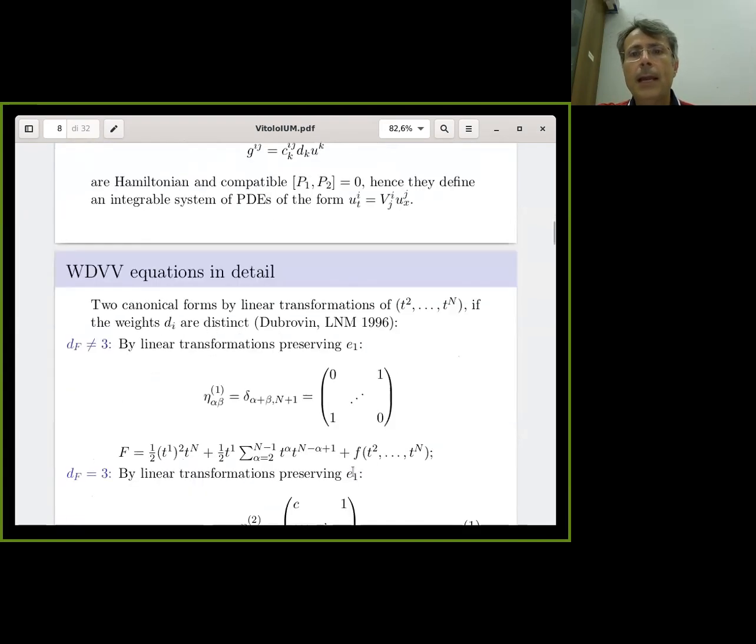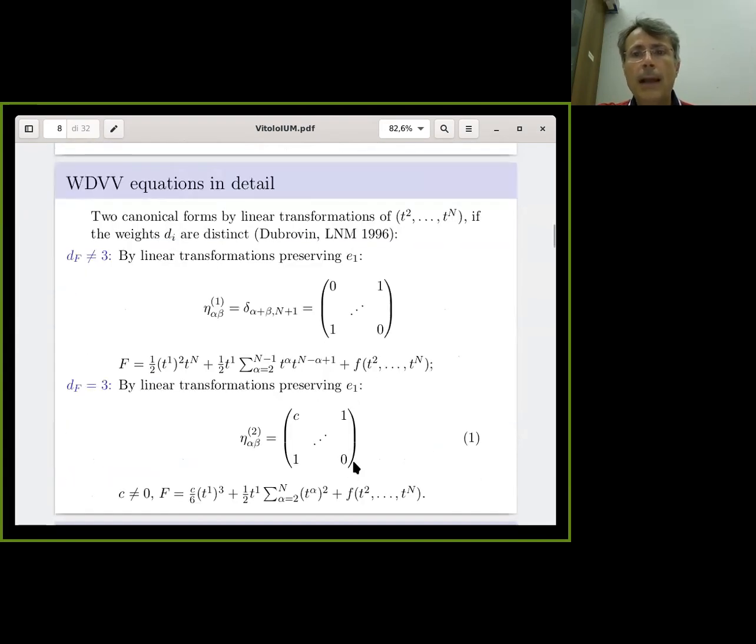Okay, now I hope I gave you enough motivation to study WDVV, and now I would like to discuss the bi-Hamiltonian property of WDVV equations themselves. So, in a sense, the equations that determine integrable systems are integrable systems themselves.